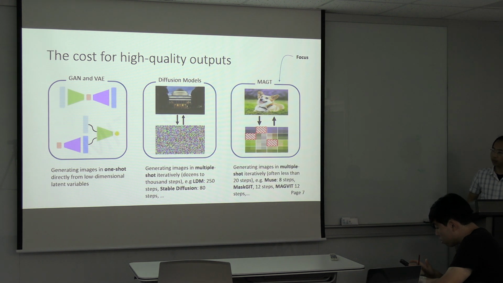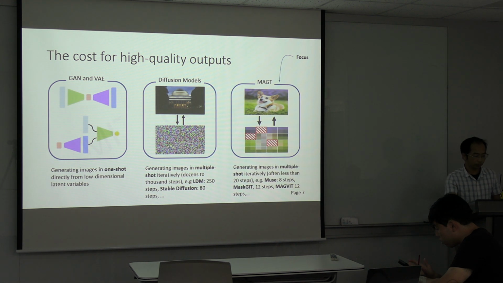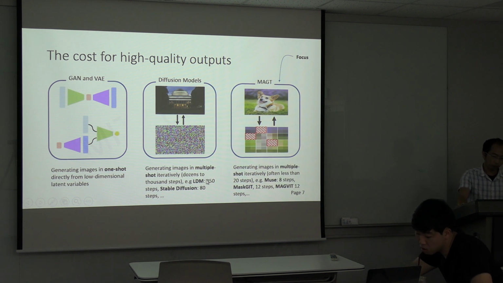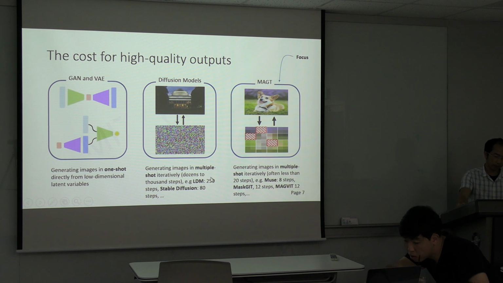A diffusion model normally requires dozens to thousands of steps. LDM stands for latent diffusion model. Working in the latent space, it requires more than 200 steps, which means the model needs to run more than 200 times to get one output.